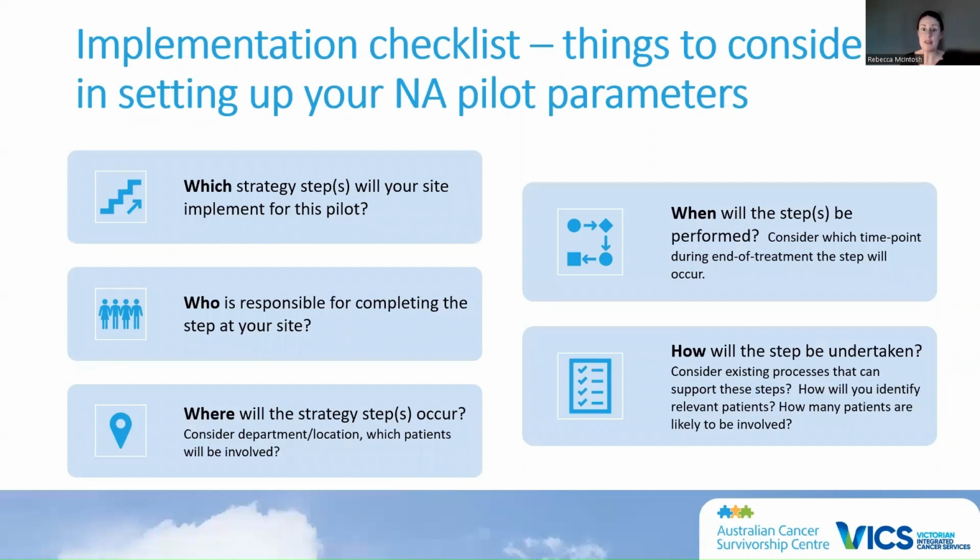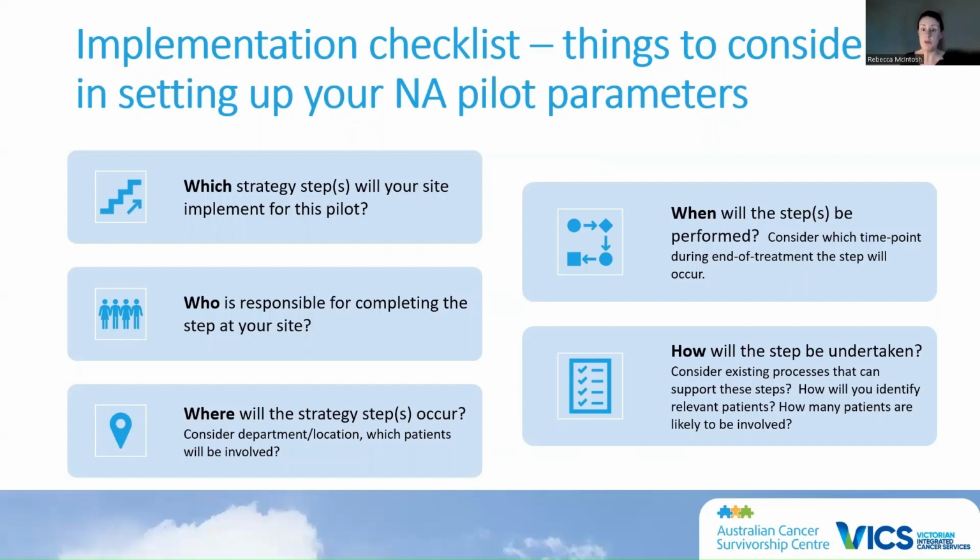Together with your VICS survivorship lead, you will already be aware of this implementation checklist. Which strategy steps will your site implement for this pilot? For the purpose of this pilot, you may wish to implement both steps of the strategy if you can leverage existing processes to follow up. If not, the first step could be conducted during the pilot and follow-ups may occur thereafter.